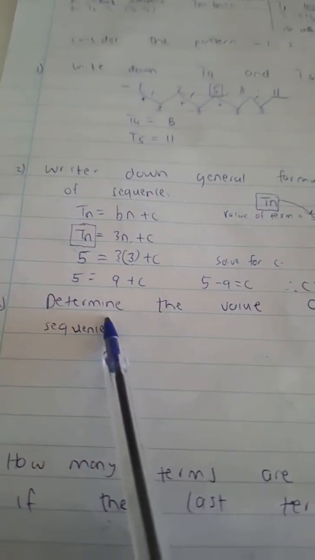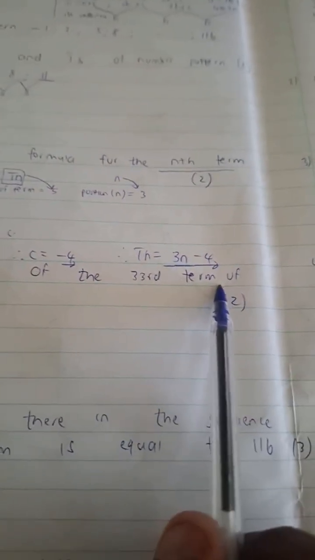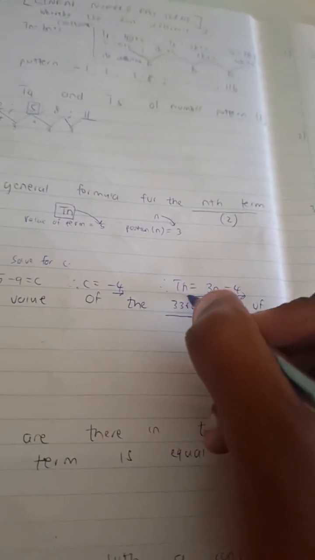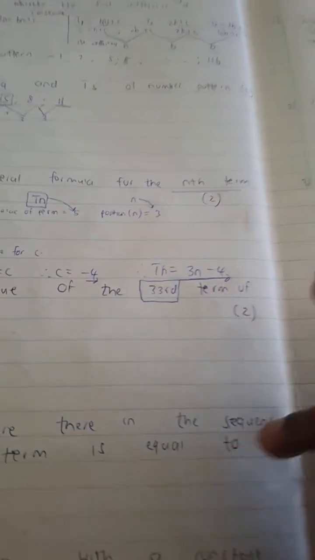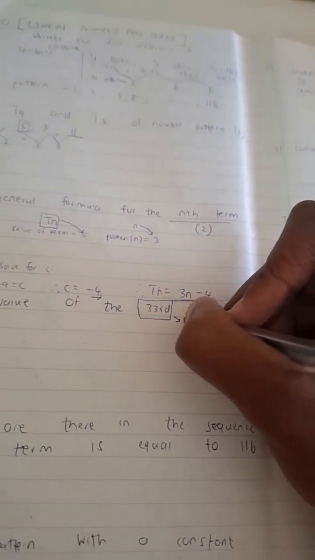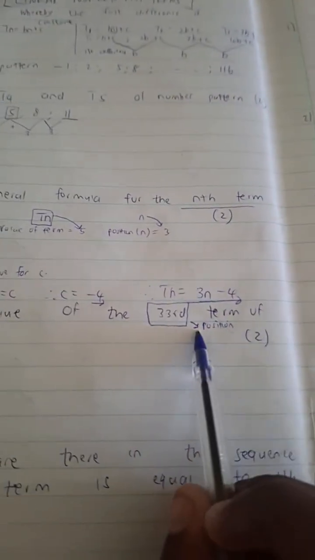So let's move on to the next question. Determine the value of the 33rd term of the sequence. So by 33rd term, what is this speaking to? If we say 33rd term, hopefully we understand that this is speaking to the position of the term.